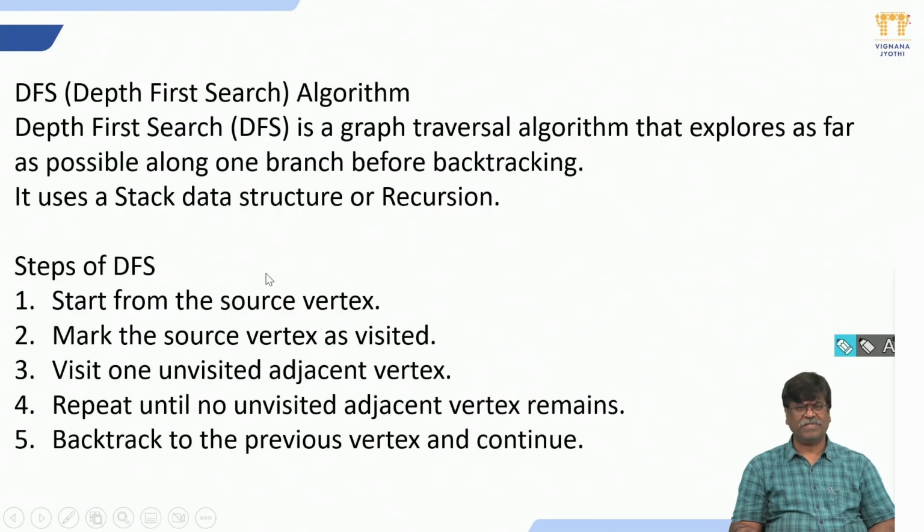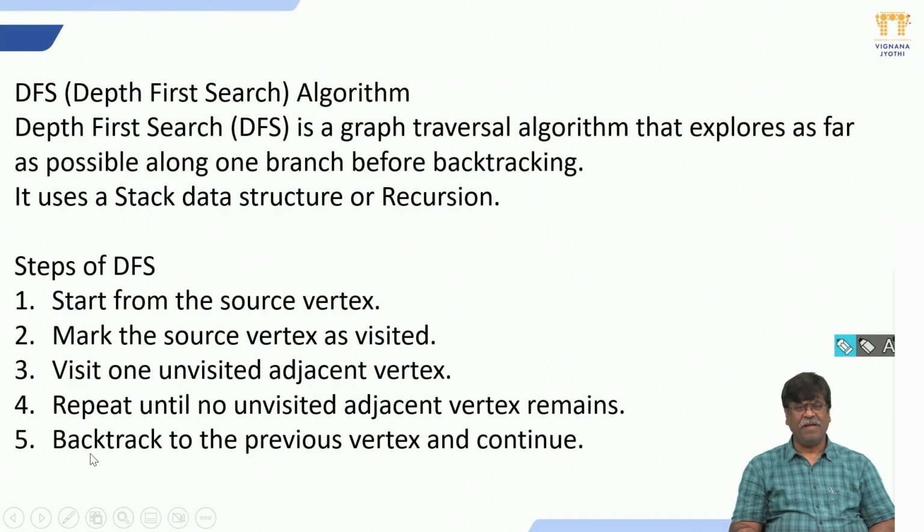Coming to the algorithmic steps for DFS, you start from the source vertex and mark the source vertex as visited. Now you visit one unvisited adjacent vertex. So you start your tour from the source, and every time you visit only one unvisited adjacent vertex, and you repeat until no unvisited adjacent vertex remains.